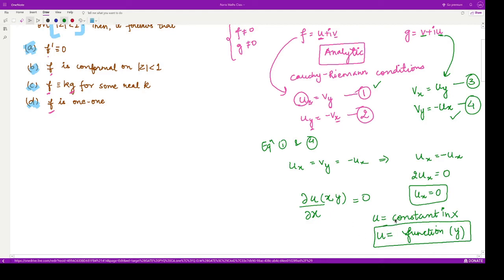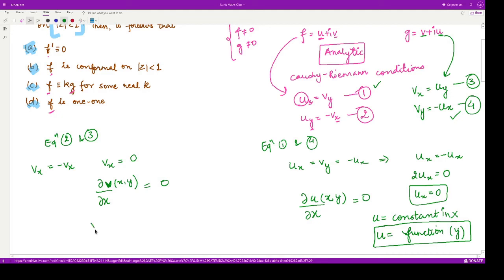Now let us see what we can say about v. So for v, we can use equation 2 and equation 3. From there we could write vx is equal to minus vx, or in other words you again have vx is equal to 0. So if vx is 0, again by using the same thing, that means the partial derivative with respect to x of this function v, taking both the arguments x and y, is equal to 0.